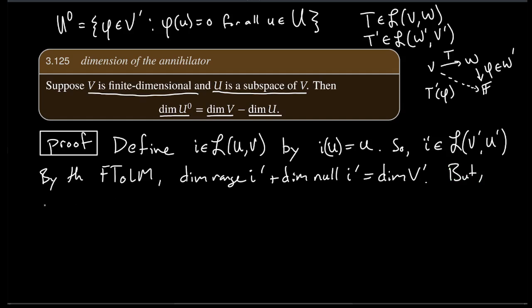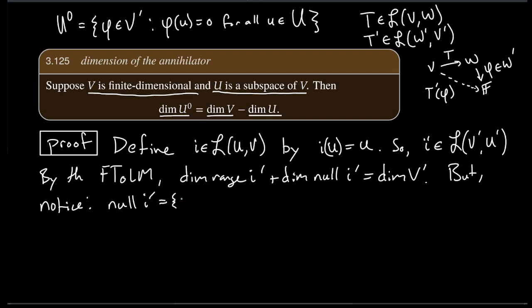But notice, what is the null space of I'? Well, the null space of any linear map is just all the stuff that gets sent to 0, right?